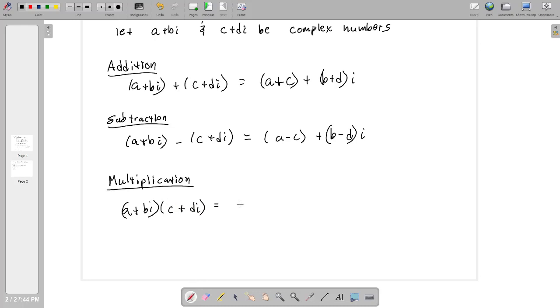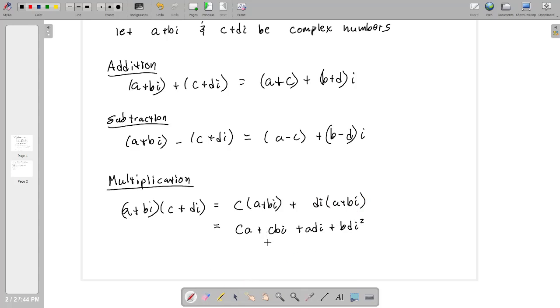So here we would get c times a plus bi plus d times a plus bi times i, plus di times a plus bi. And then, of course, we distribute in again, and we get ca plus cbi plus adi plus bdi squared. Note that we have an i squared here because the i's multiply together.